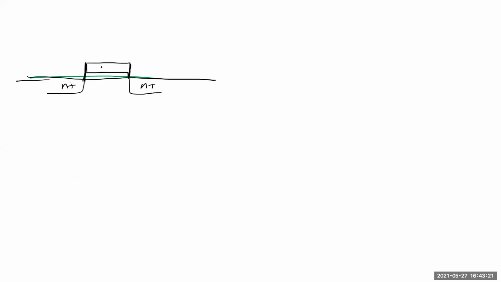Instead of an N plus dope, I do a P plus dope poly. What happens to my VT compared to the last one? Let's call the last one VT standard NMOS. Now, when I do this, I'm going to get a VT new. Is VT new going to be greater than VT standard, or less than, or equal to, or is this transistor just dysfunctional and will not work? What do you think?